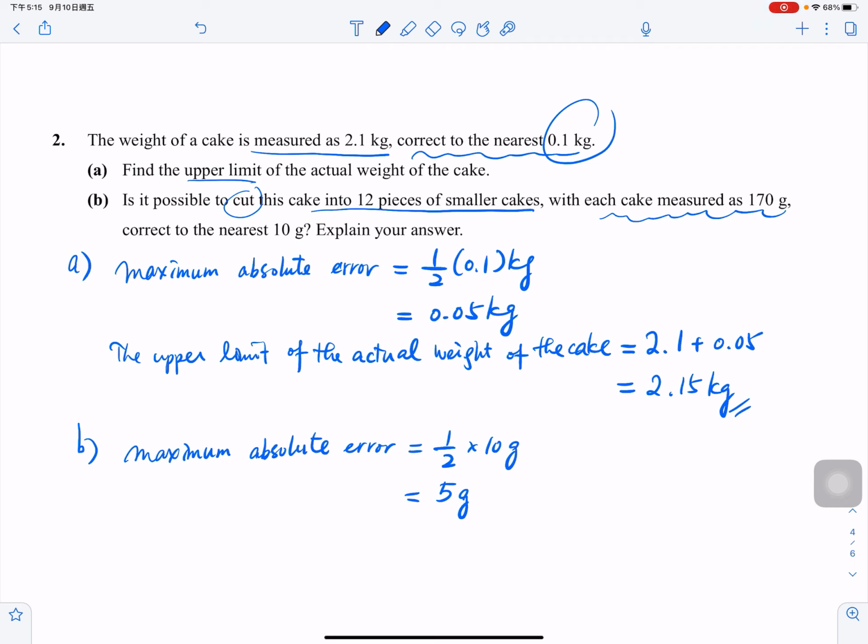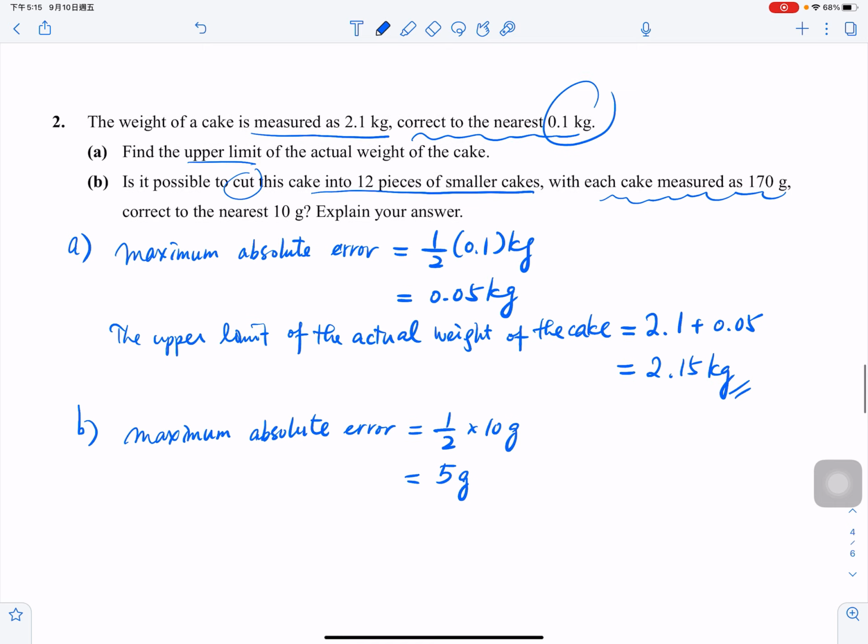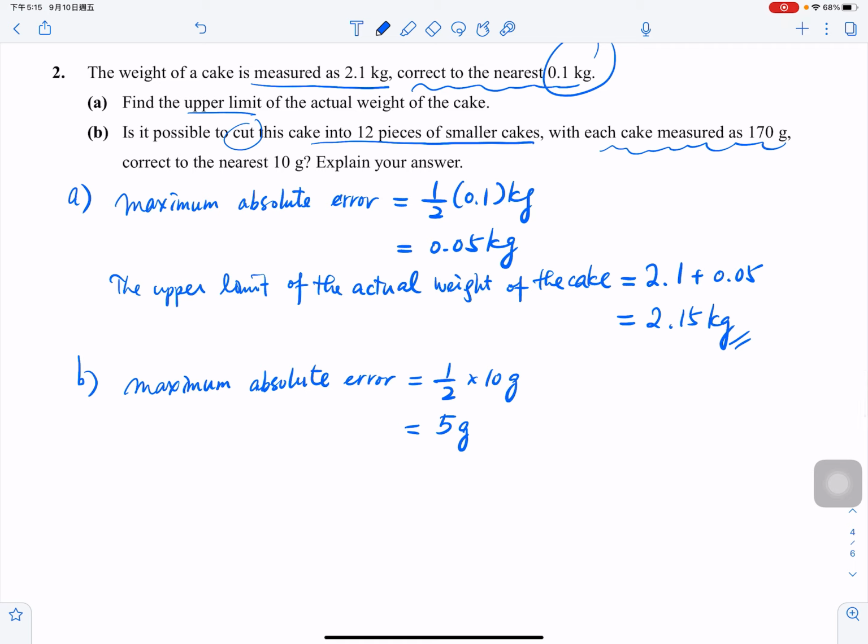Again, correct to 10 grams, so find the maximum absolute error first. And this time, is it possible to cut it into 12 pieces and measure it as this? You need to think. Find what kind of value. So you should check that.